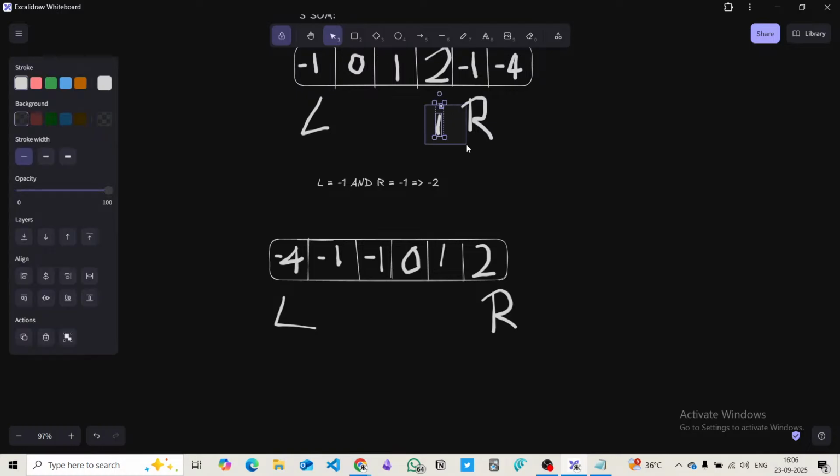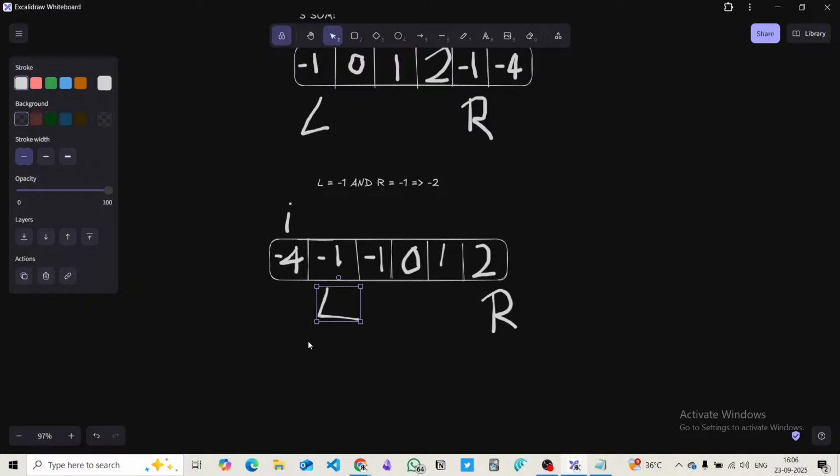Let's say fix I at the first one, then L at the next of I, then R at the last, right? So now we just need to add this L and R to the I.